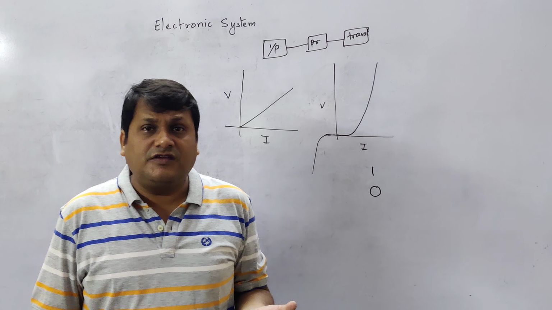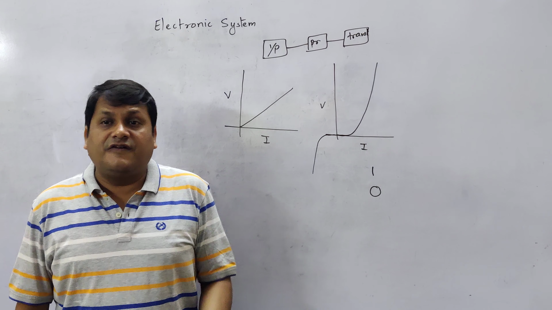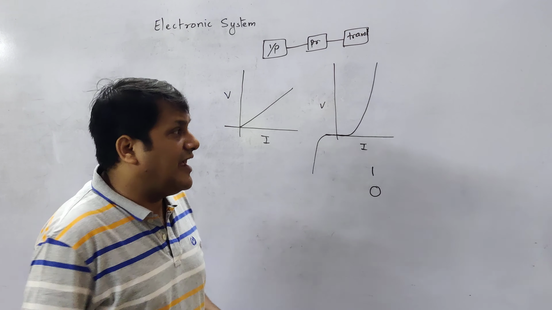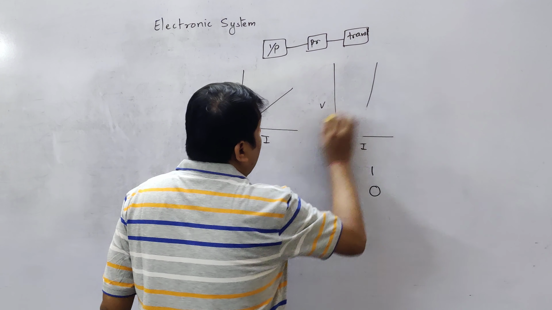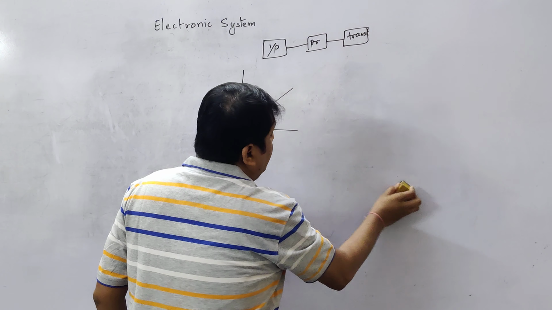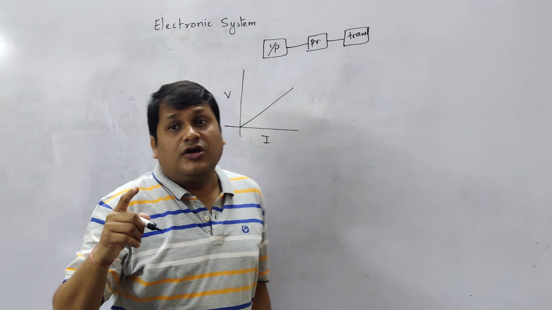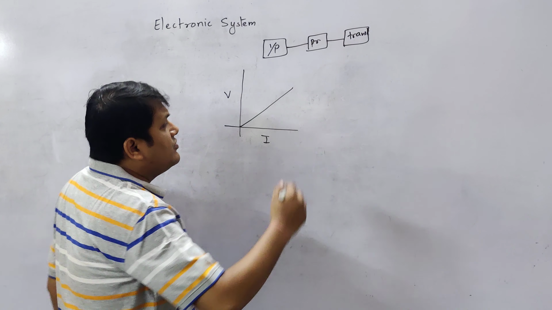What are transducers? I told you it converts one form of energy into another. The first transducer example I can give you is the LDR, light dependent resistor. What is an LDR? LDR is a light dependent resistor. That means if you want to change the resistance, how would you change it?